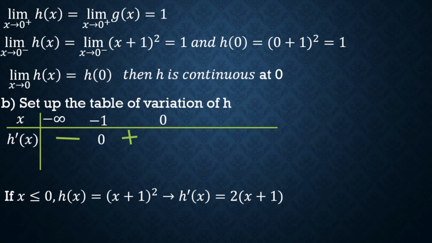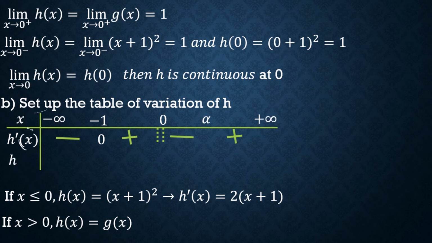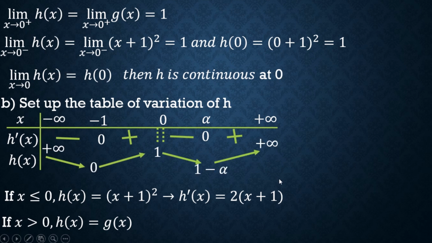Minus, plus. If x is greater than 0, h of x equals g of x, and we know the table of variation of g. So h decreases, increases, decreases, increases, with values alpha, 1 minus alpha at 0, 1, minus 1, 0, alpha.